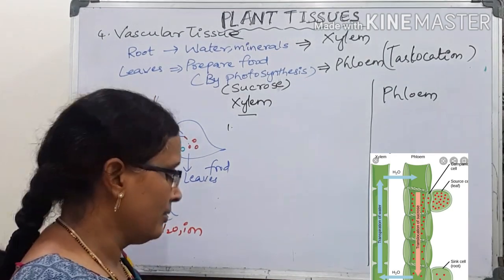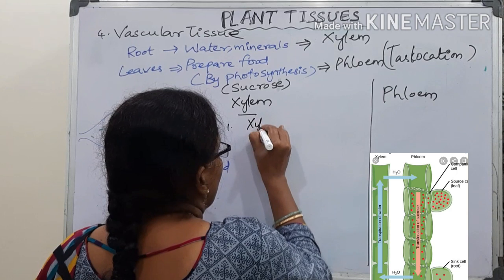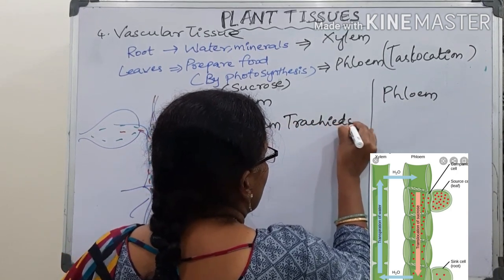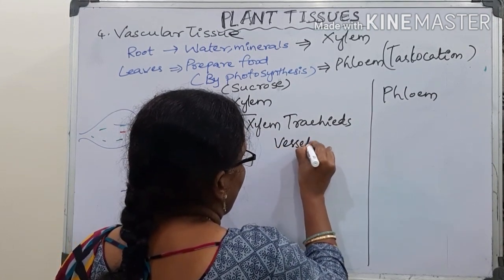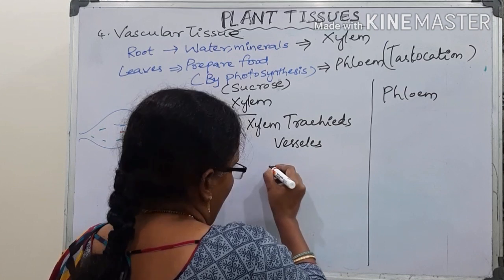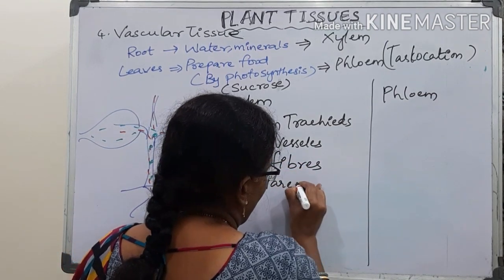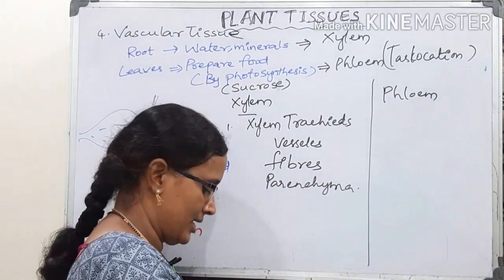In the xylem, the cells are xylem tracheids and xylem vessels, and xylem fibers and parenchyma. These are the components in the xylem.